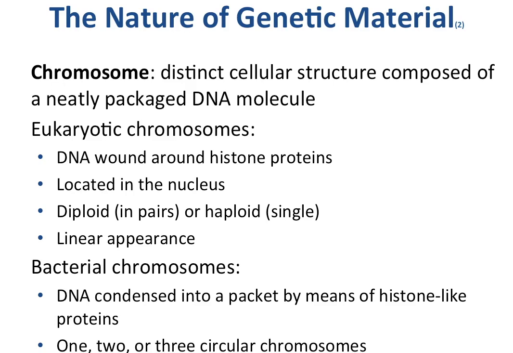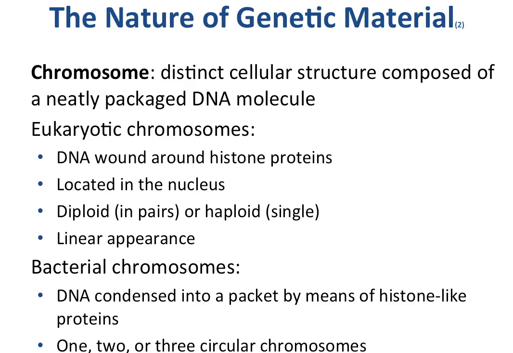So a eukaryotic chromosome includes DNA wound around the histone proteins, a series of histone proteins. Those proteins maintain and regulate the DNA structure. The cluster of DNA and histone proteins is actually the chromosome. It is located in the nucleus.